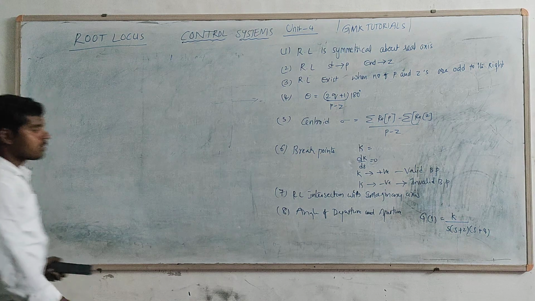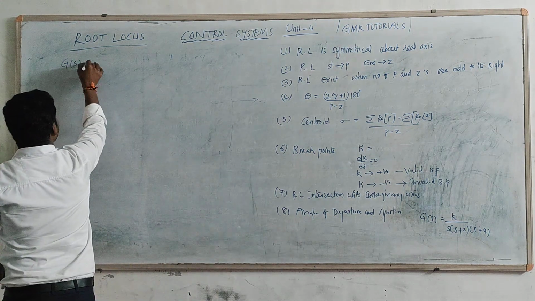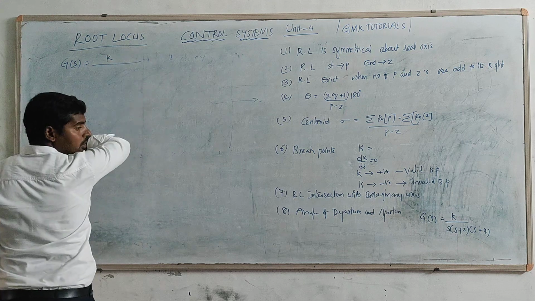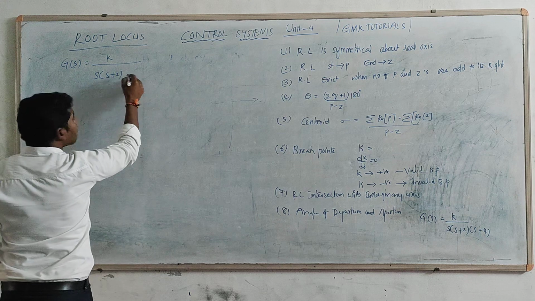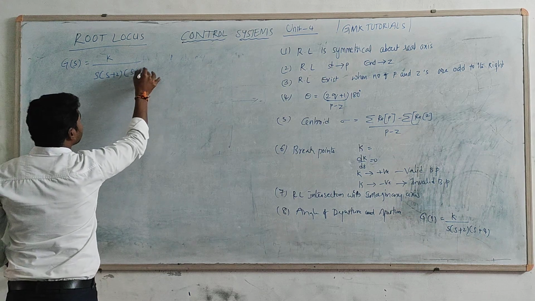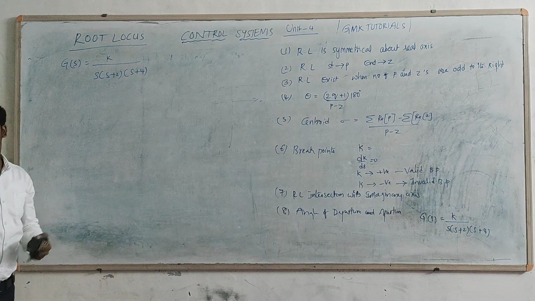Let us take one problem, that is G of s is equal to K by s into s plus 2 into s plus 4. First of all, you have to identify the number of poles and zeros in this consideration.